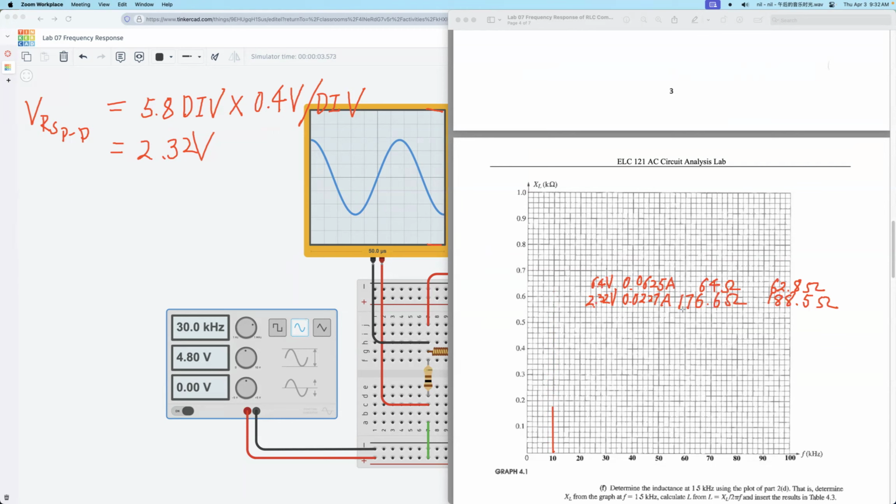Then this is the 176.6. So this is 0.1 kilo ohm, just 100. Then each small division is 0.02, so 20 ohm. So then let me mark here.